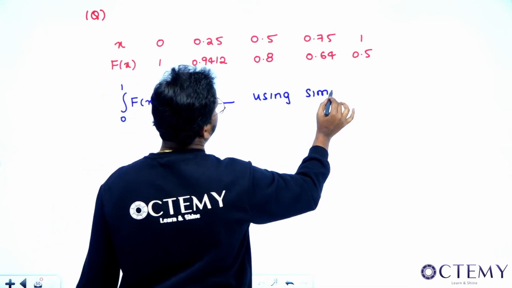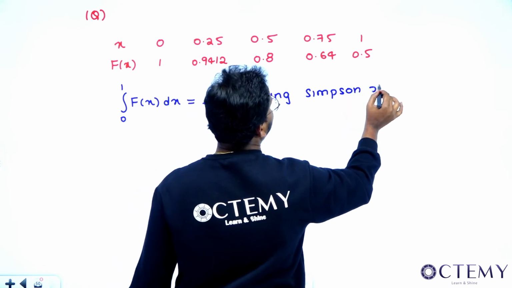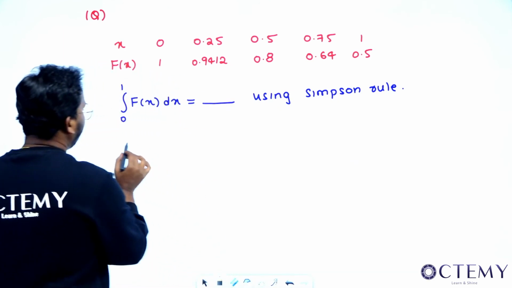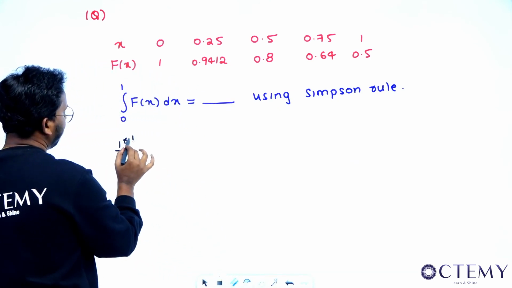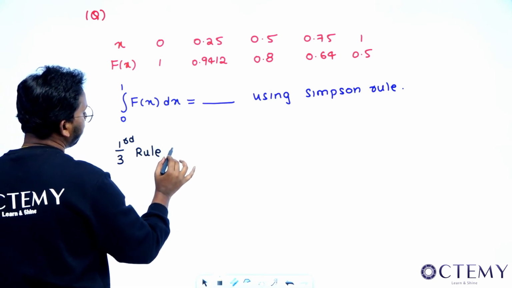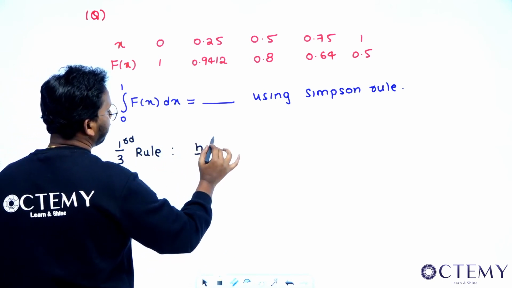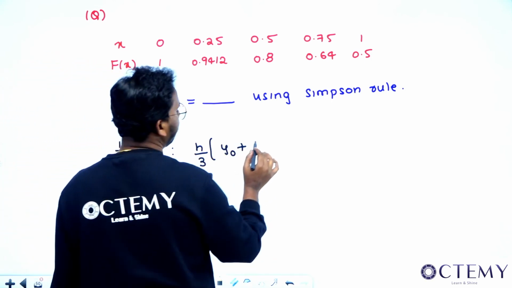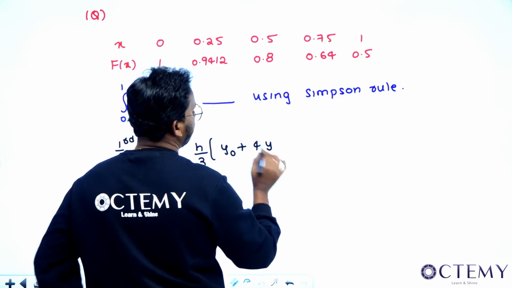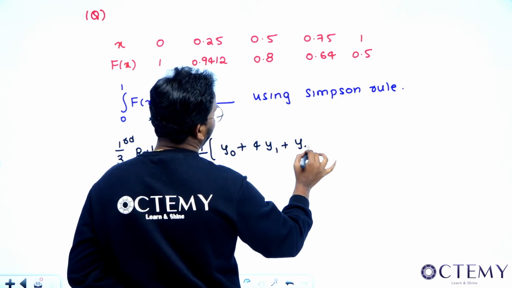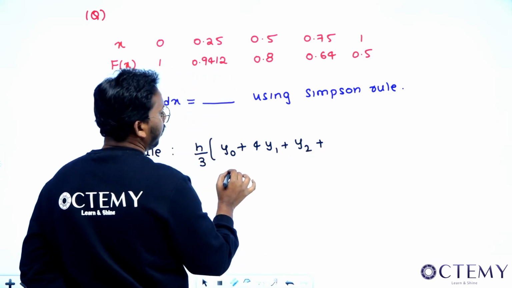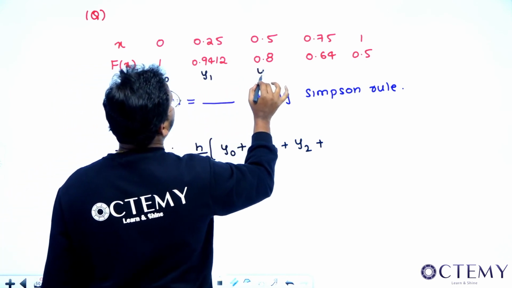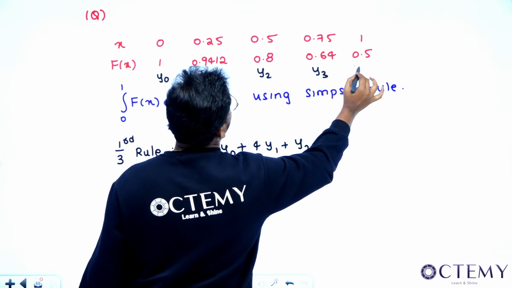Whenever he simply says Simpson's rule, what do you have to apply, sir? Simpson's 1/3 rule only you have to take. So see sir, what will be the formula? If you apply the 1/3 rule, that should be h by 3 times y0 plus 4 times y1 plus y2 plus, this is y0, y1, y2, y3, y4.